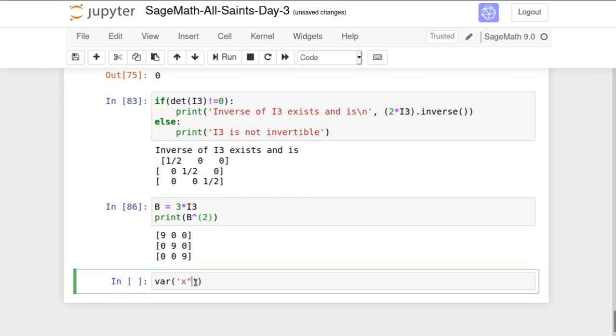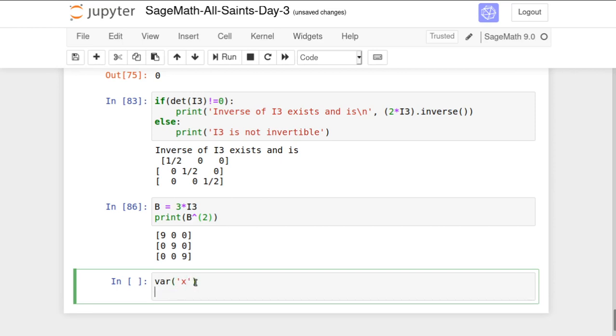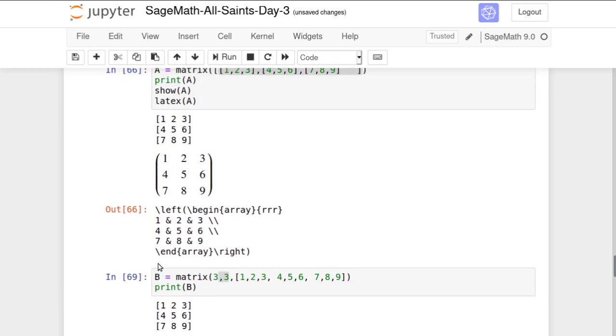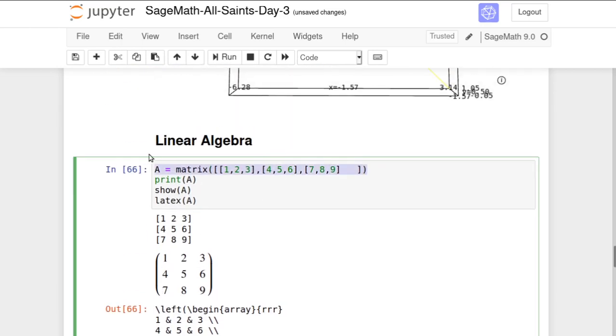Variable x. So variable x is defined. Now A is already defined. Let us redefine it. A is equal to, what is the command that we used? A is this matrix.